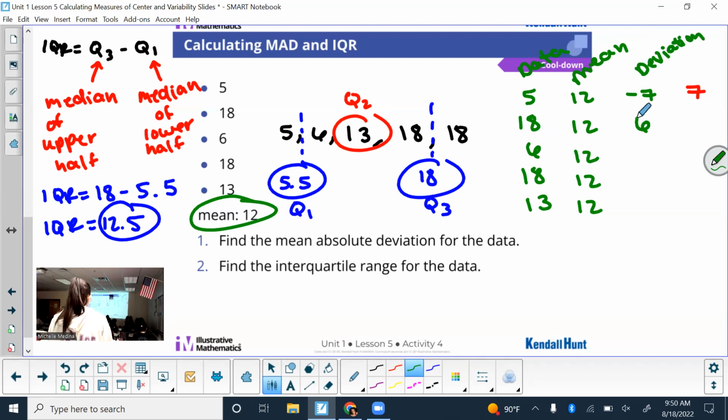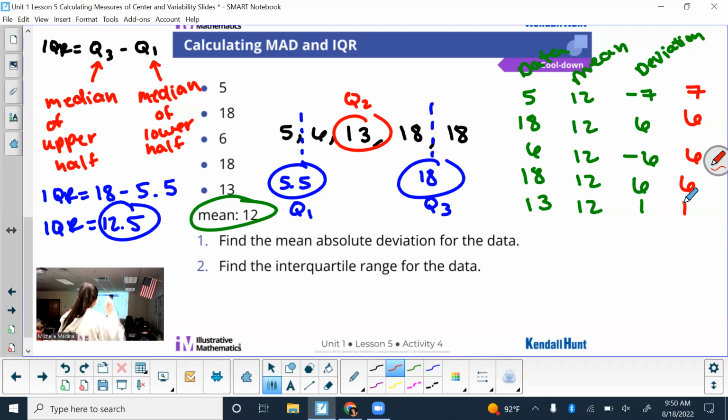Good. What's the absolute value of 6? Good. And then 6 minus 12? Absolute value of negative 6. 18 minus 12? Absolute value of 6. And 13 minus 12? Absolute value of 1.